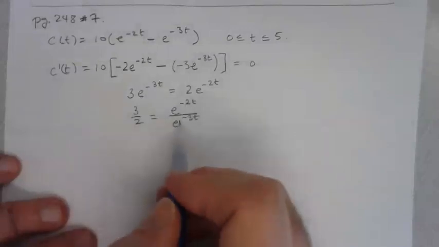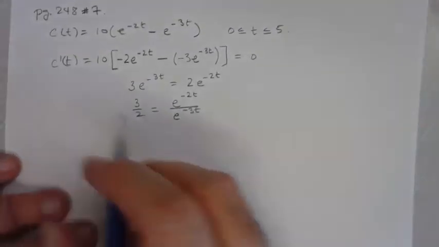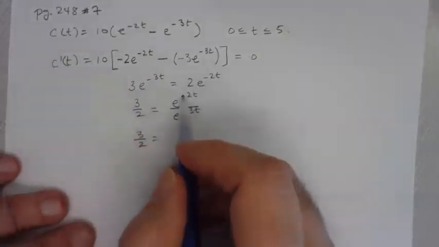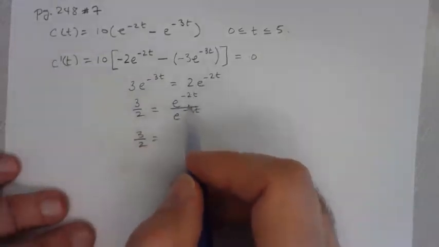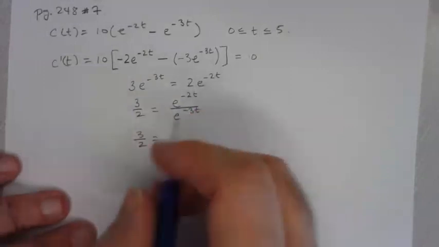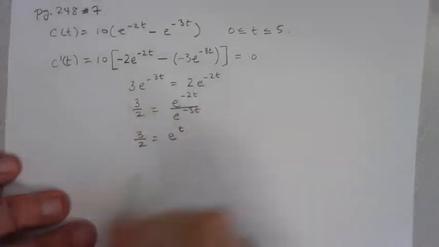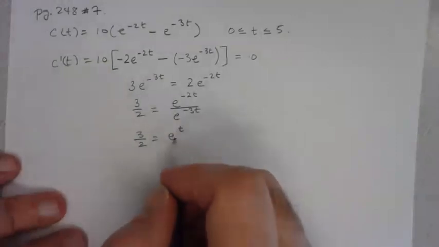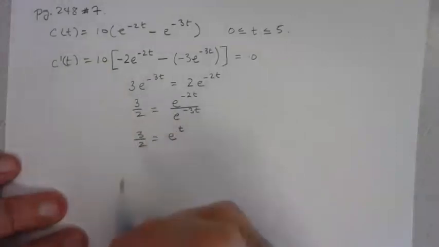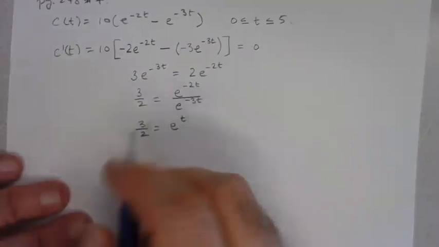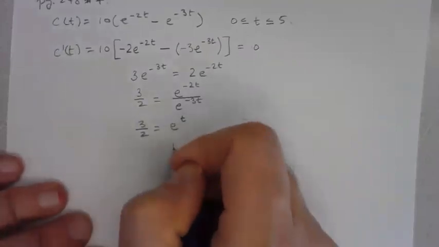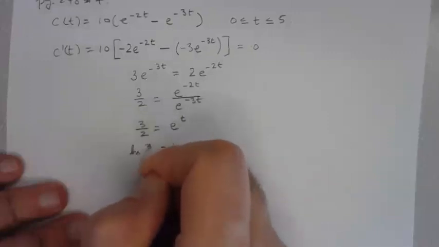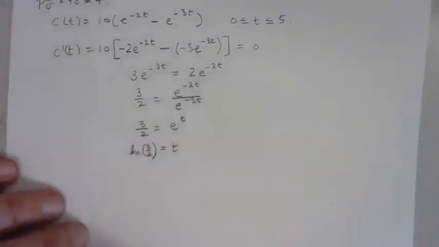Now I can use my exponent rules. Here, negative 2 minus negative 3 is negative 2 plus 3, so this is just going to be e to the t. And look what I've got now: a single exponential expression equal to a number. I can take the log of both sides, and of course I'm going to take log base e. So t equals ln of 3/2.